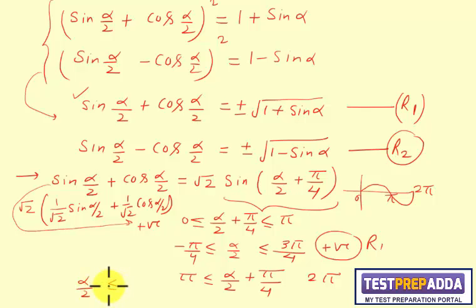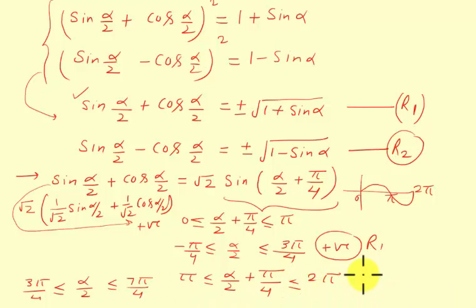Alpha by 2 will be in between 3 pi by 4 and 7 pi by 4. Here the expression R1 will be negative. Got the idea?